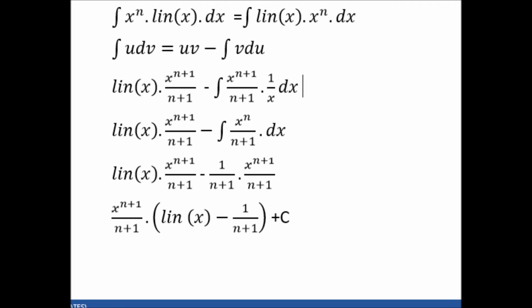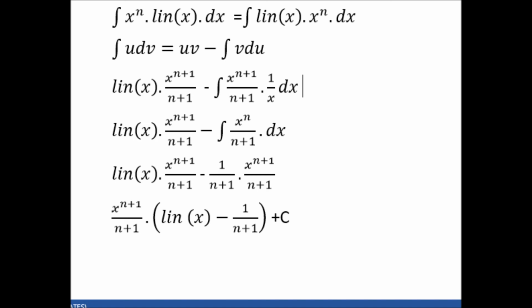Here we'll take ln x as u and x to the power n dx as dv, where v, the integral of dv, would be x to the power n plus 1 over n plus 1. Since u is ln x, its differential du would be 1 over x dx.